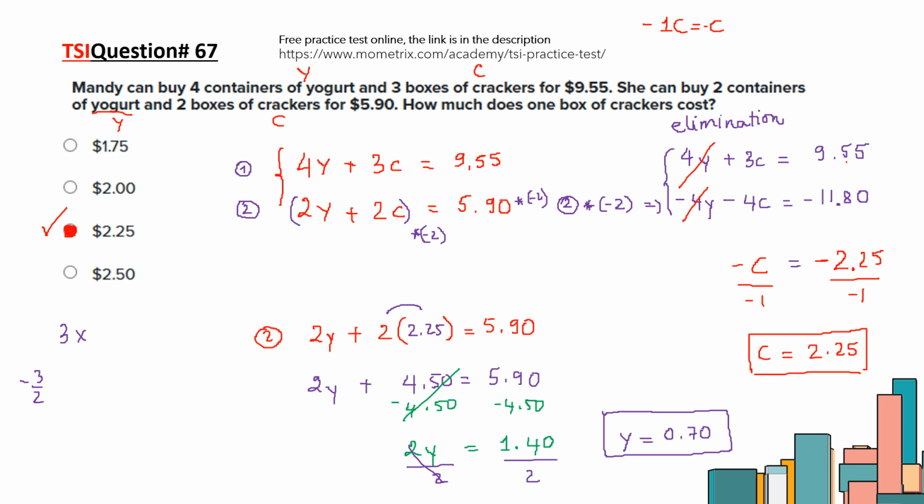It starts with 3x, and the second equation starts with 2x. We want to eliminate x, so that's why we have to reduce it by 2, then multiply by negative 3, so that when you add them up, that will be 0x, which eliminates x. That is question number 66. So if you missed it, just help yourself and watch it again.